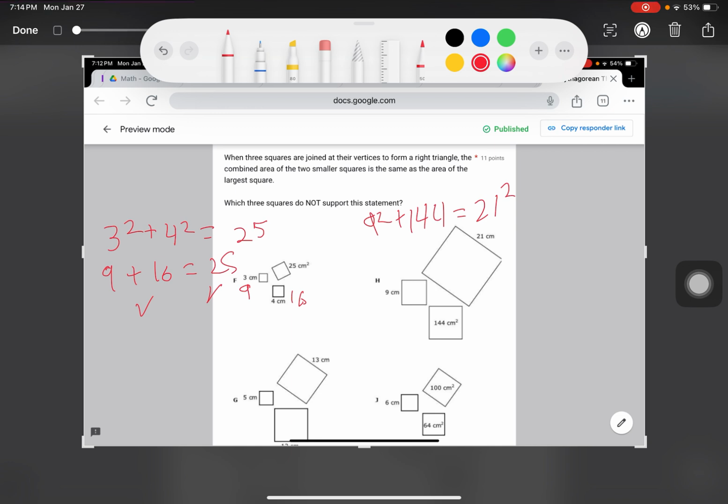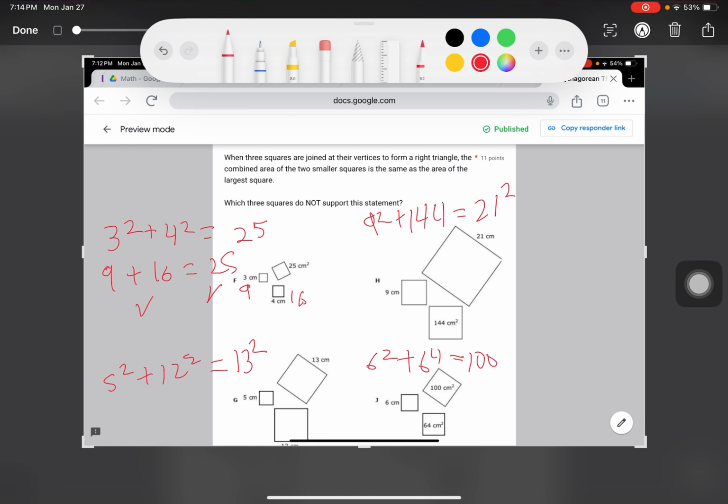On G, I don't think any of those are squared, so that would be 5 squared plus 12 squared, and see if that equals 13 squared. On J, the 100 and the 64 are already squared, so you just do 6 squared and add 64 and see if you get 100. If they don't equal, then it's not a right triangle.